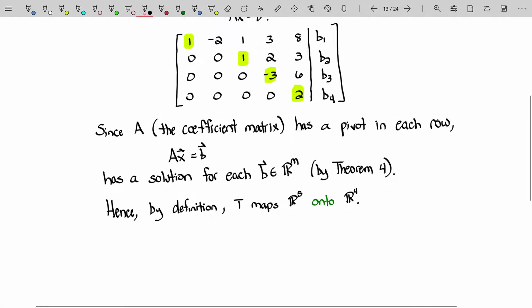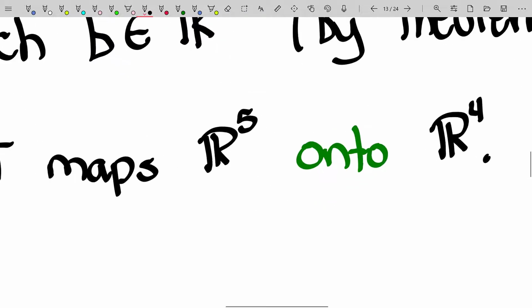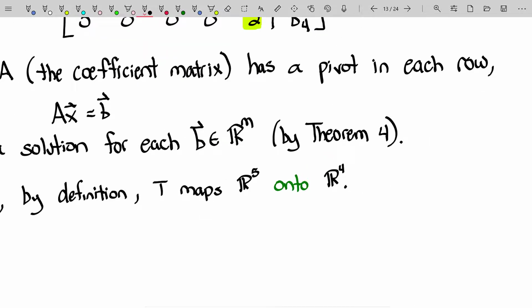Notice how I buttoned that up. I made sure that it really was clean, clear logic. It also reinforces the idea of onto, the fact that a mapping is onto if you can grab any vector from the codomain and it is the result, or the image, of a transformation of a vector from the domain.